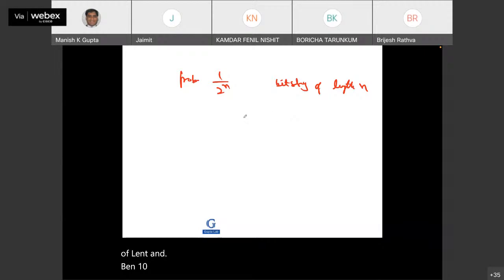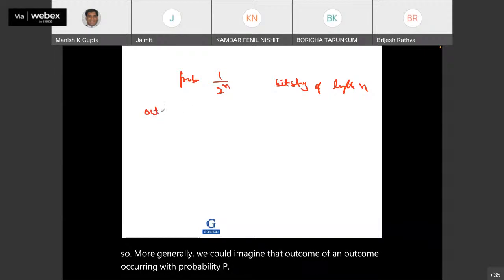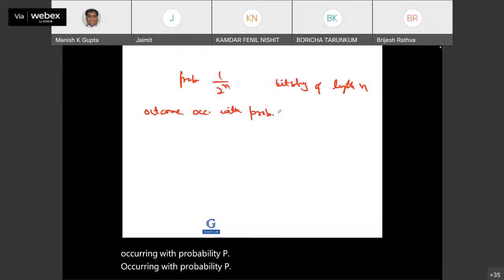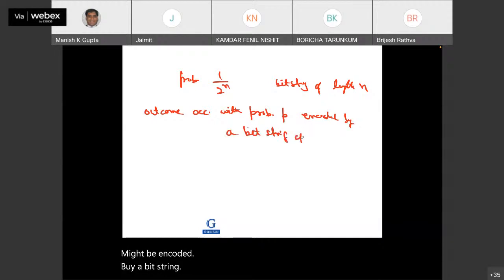More generally, we could imagine that an outcome occurring with probability p might be encoded by a bit string of length approximately minus log base 2 of p.